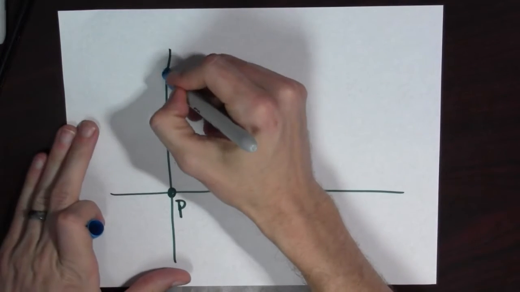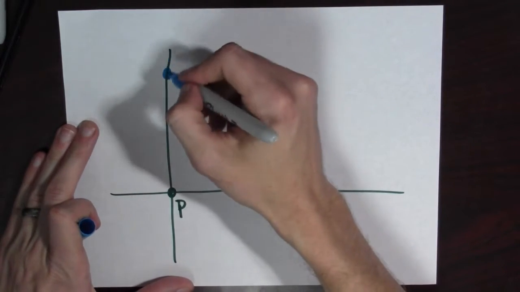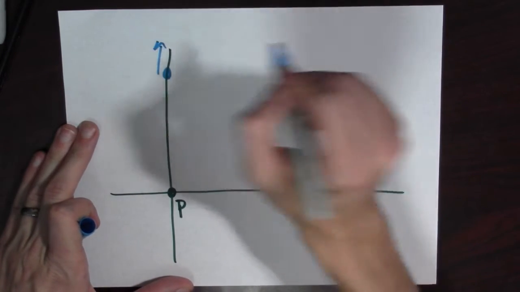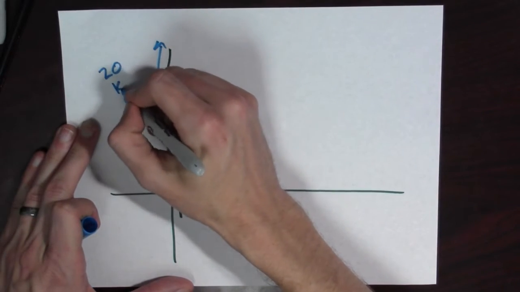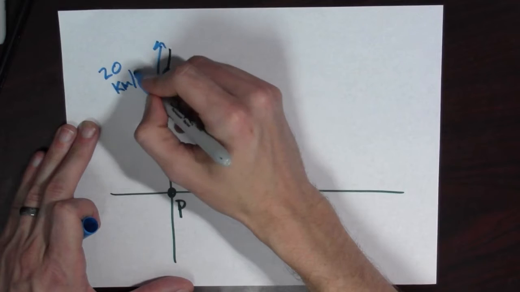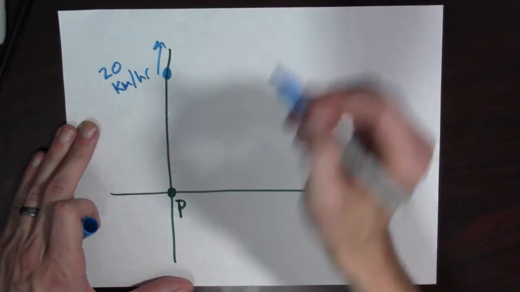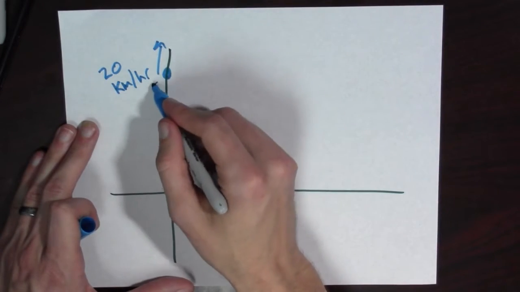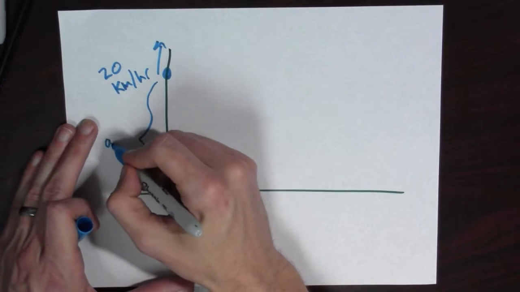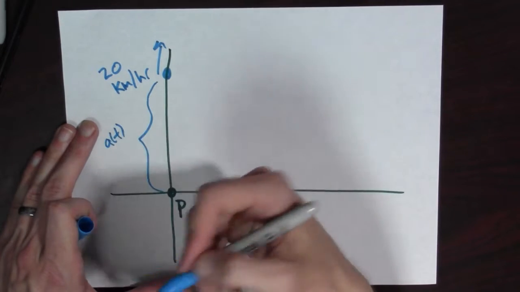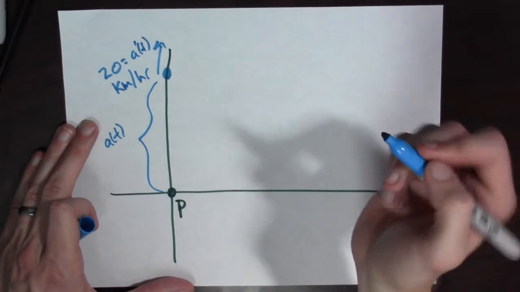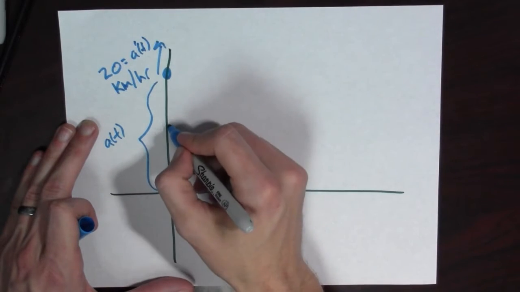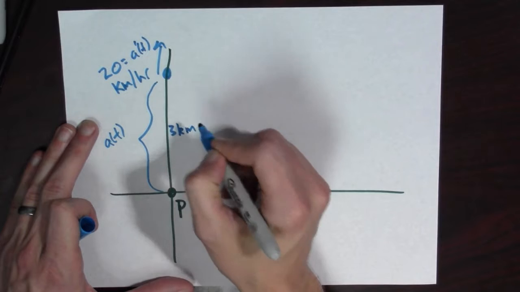Here's the one cyclist, and he or she is traveling north at 20 kilometers per hour. Now, this is a rate. So if I call this A of t, this is equal to A prime of t. And what's this distance? This distance is 3 kilometers.